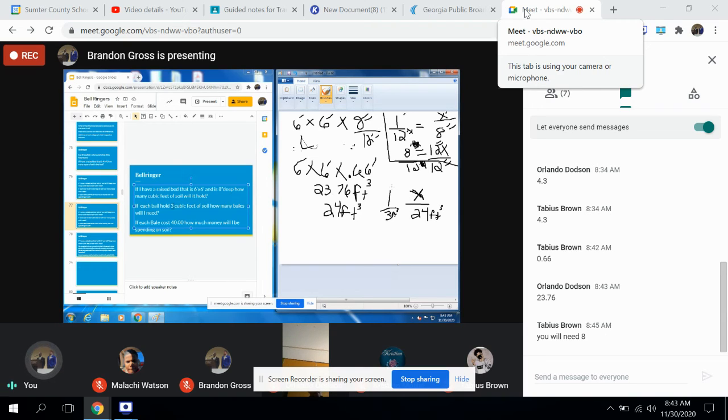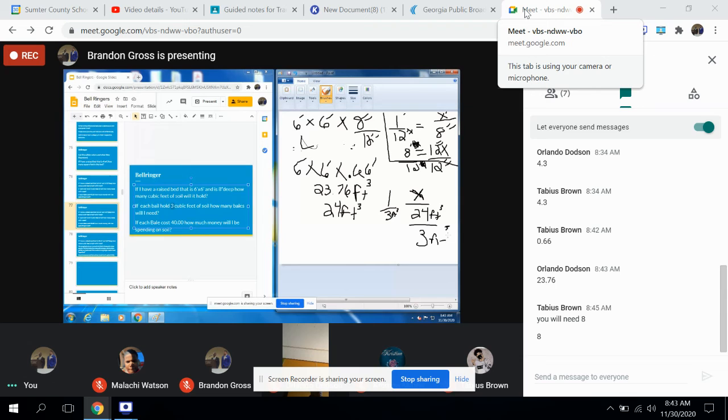But just to work it out, 24, and then you have 3x, so you divide 24 by 3. What's 24 divided by 3? 8. So that will be 8 bales of soil. I'm not even going to try to write letters.